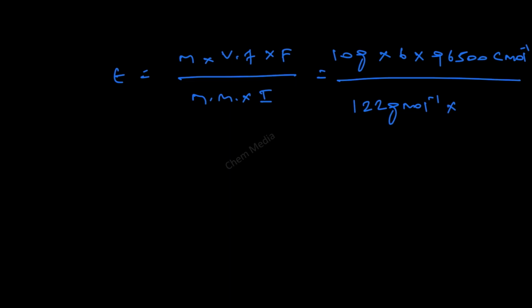Current is 60% of 2 ampere, that is 1.2 ampere, and we know that ampere is coulomb per second. And now we have to convert per second to per hour. Therefore we have to multiply with 3600 if we want to convert it into per hour.